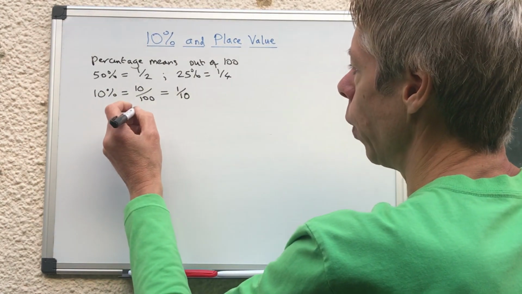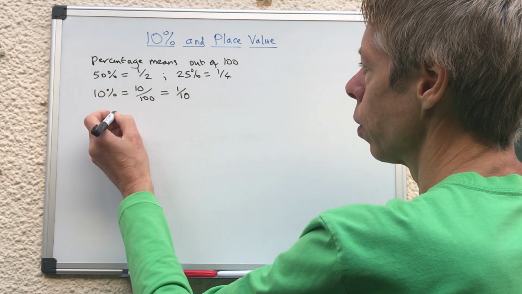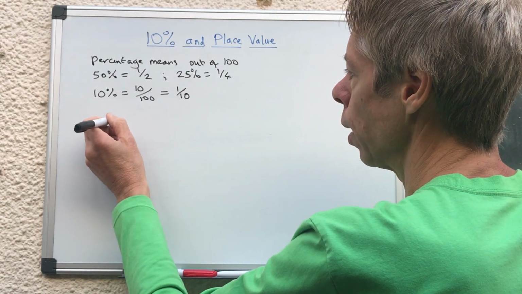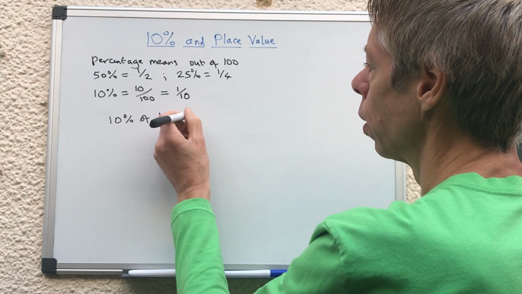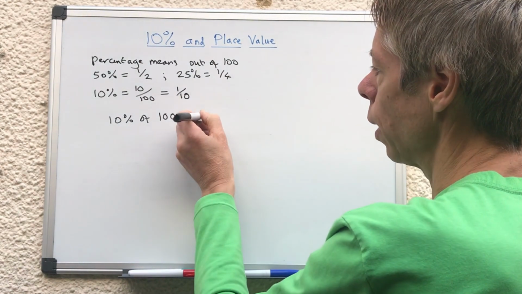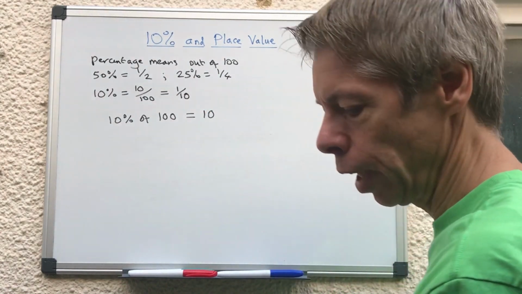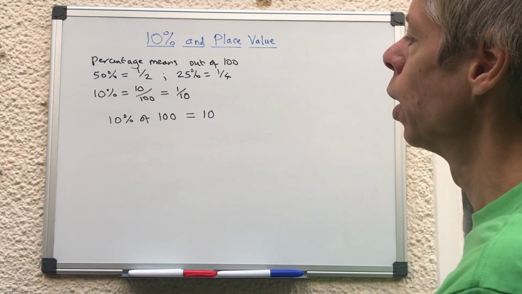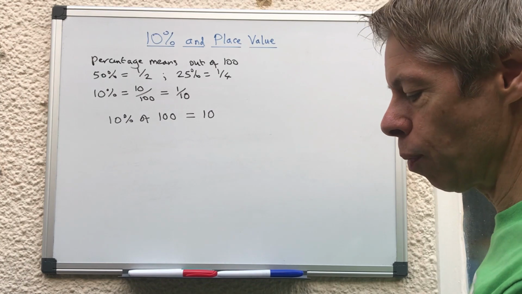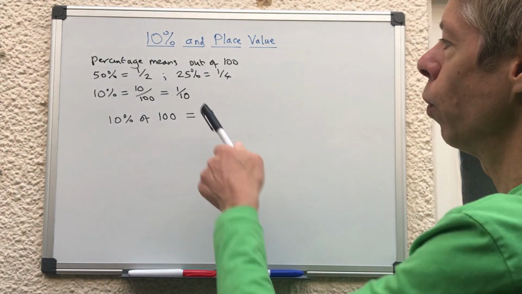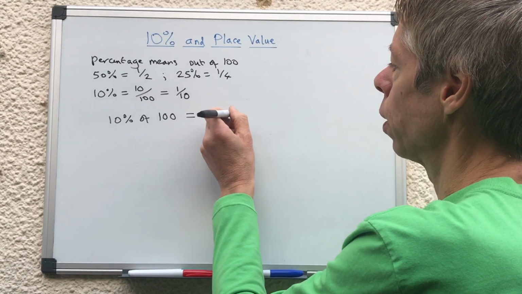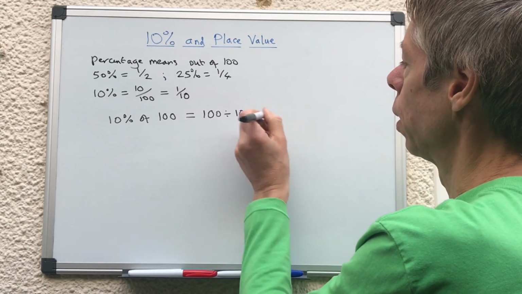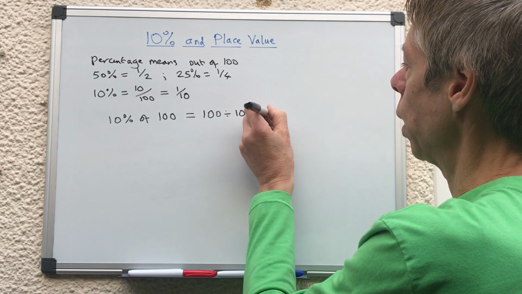So if we had 100, 10% of 100, well, we already know it's 10 because by definition it's 10 out of 100. But if we were doing it by taking the rule of 1/10, well, it's actually 100 divided by 10 equals 10.